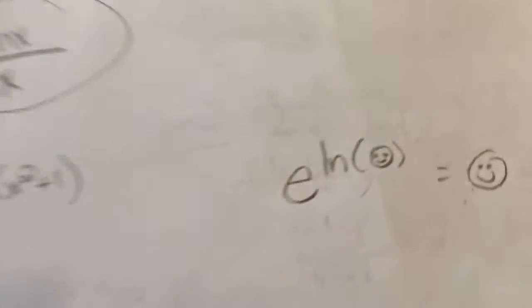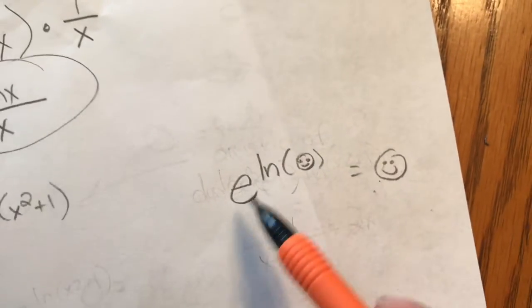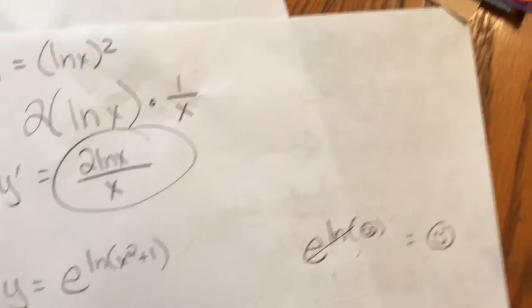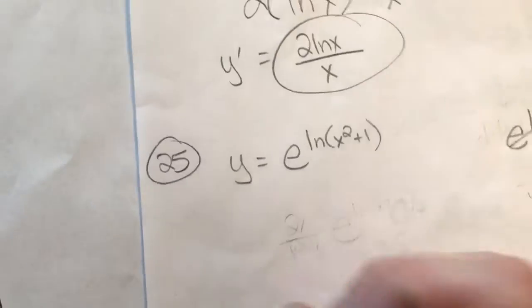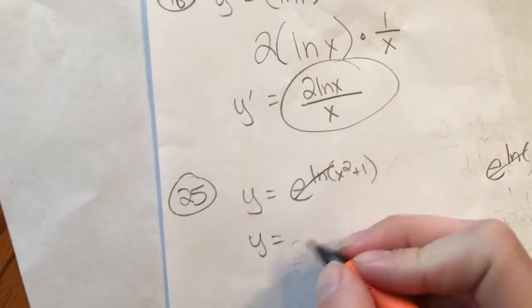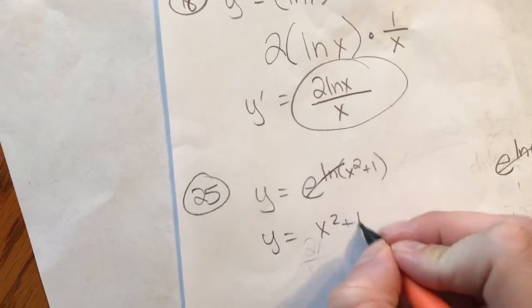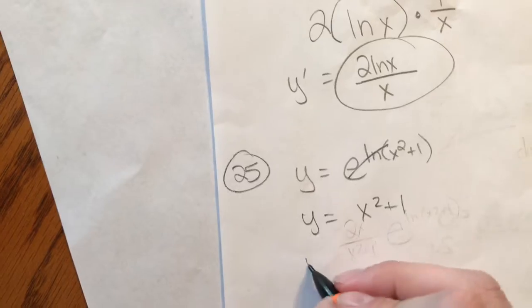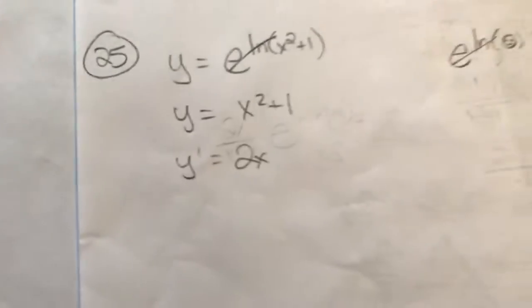In other words, if you have e to the ln of stuff, the e and the ln just cancel each other out and you're just left with stuff. So, e to the ln of x squared plus 1, the e and the ln cancel each other out and you're left with x squared plus 1, which means the derivative is 2x. Look at that. Isn't that easy?